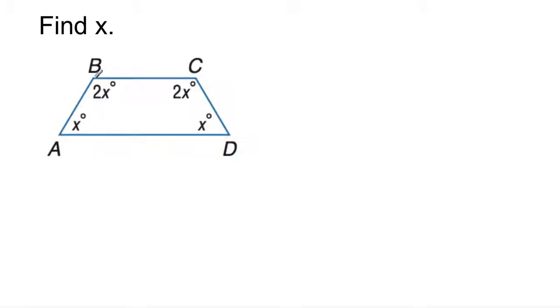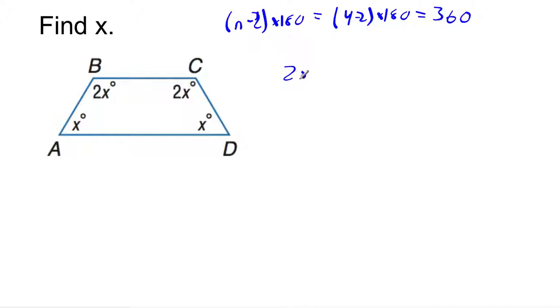We can also use our rules here. So here I have a quadrilateral. So I do n minus 2 times 180, which is 4 minus 2 times 180, which is 360. So that means that 2x plus 2x plus x plus x is equal to 360.